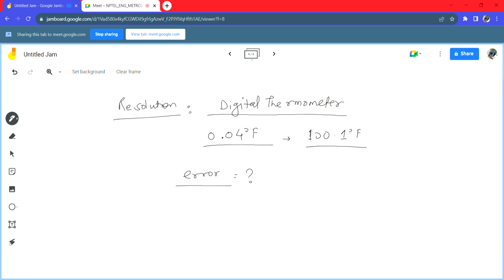So we are saying the measured value that we are measuring right now is 100.1 degree Fahrenheit. Now, the resolution that my device is giving is 0.04. So whatever values will increase will always increase in the multiples of 0.04, where x is a number.